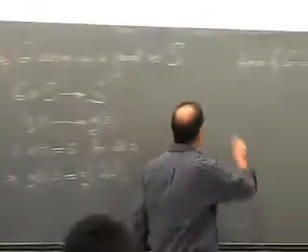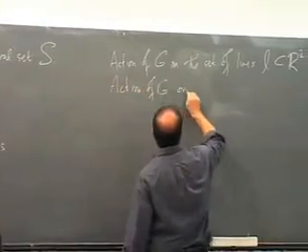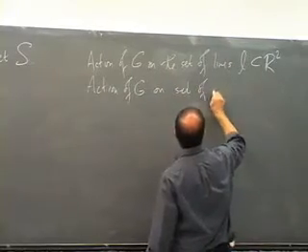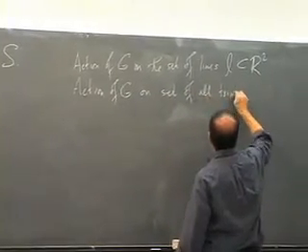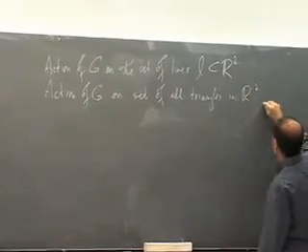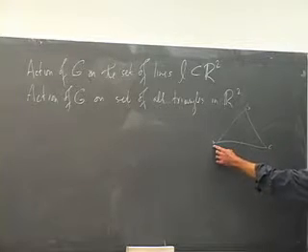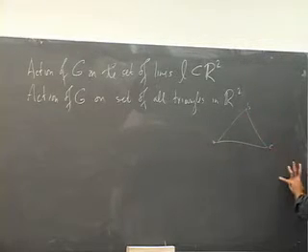Or we could take the action of G on the set of triangles in R2. Because if you have a triangle, and you take the image of A and the image of B and the image of C, those are 3 points.